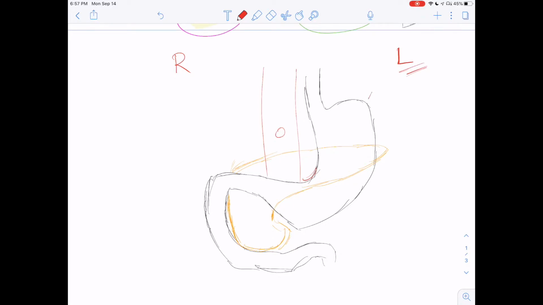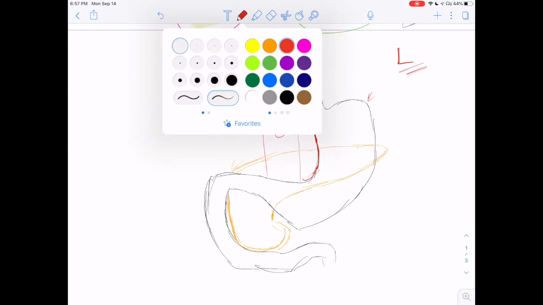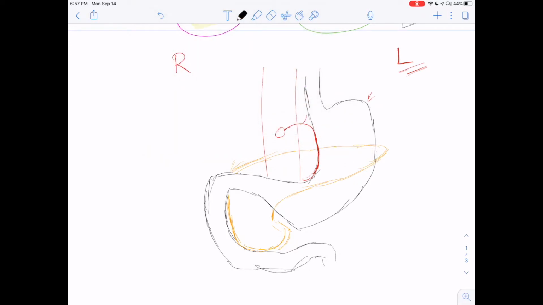This guy's stomach, so left gastric is gonna go feed the left side of a stomach, but it has another branch too, right? See the left gastric as it goes, see, this is esophagus. This is like the end of esophagus, the lower part.